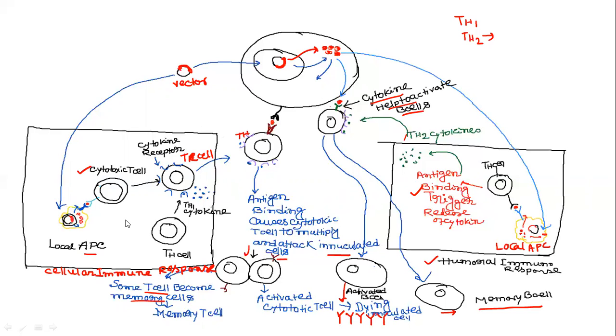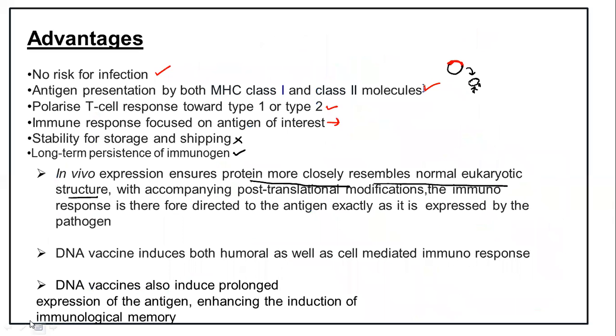So DNA vaccines work in both pathways, increasing the cellular immune response as well as humoral immune response, right? Another is that DNA vaccines also induce prolonged expression of antigen, enhancing the induction of immunological memory, because there is no chance of degradation, right?